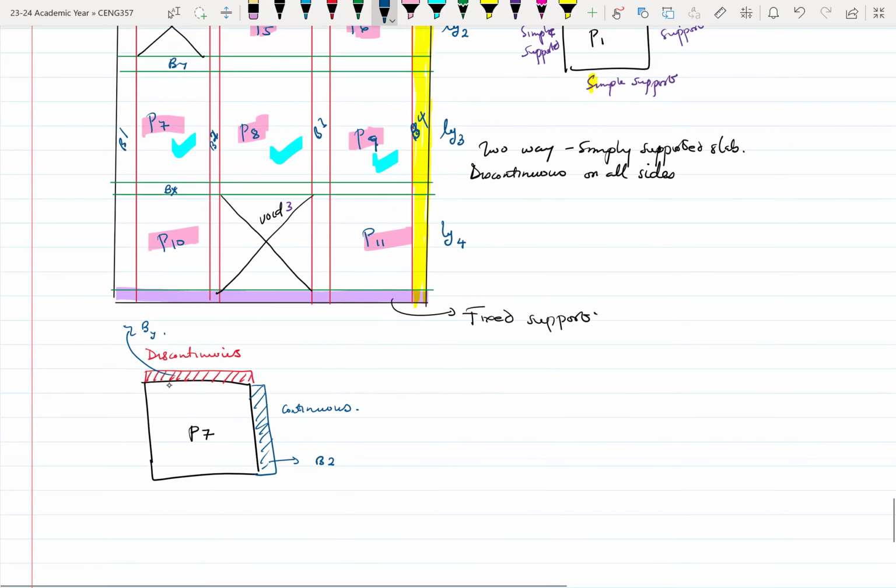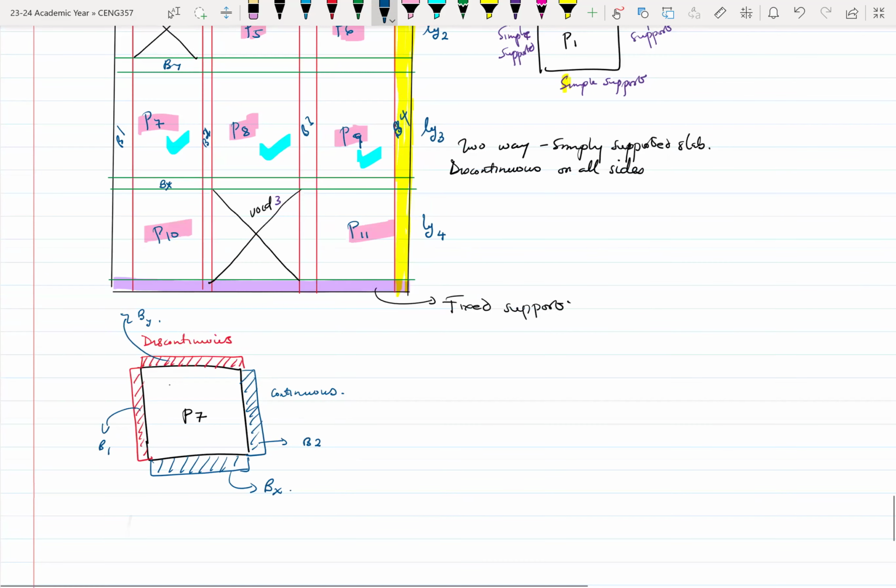All right. Now, if you look at B1, there's nothing on the left of B1. So again, this will be discontinuous. So this is B1. Now, if you look at BX, okay, it will be continuous because of the panel P10.